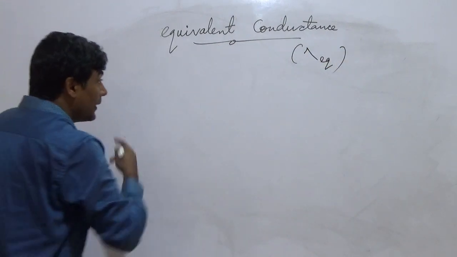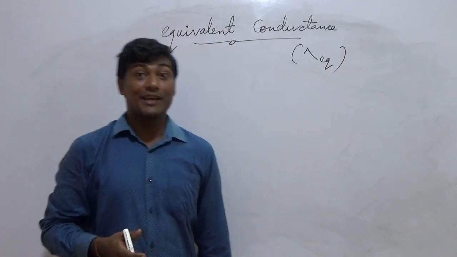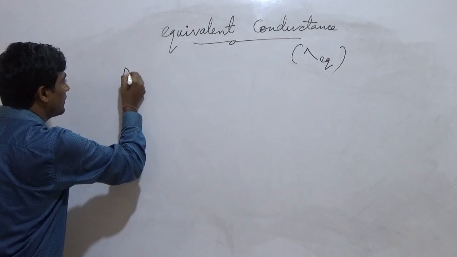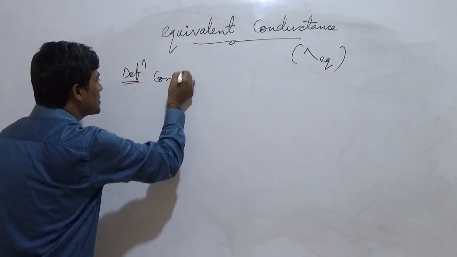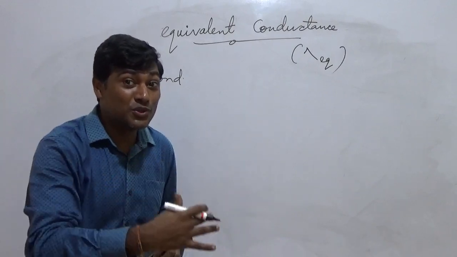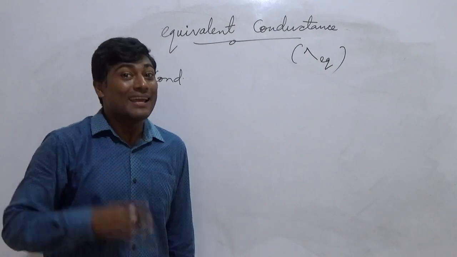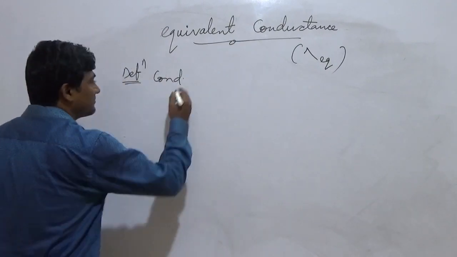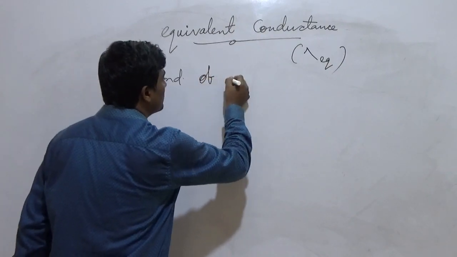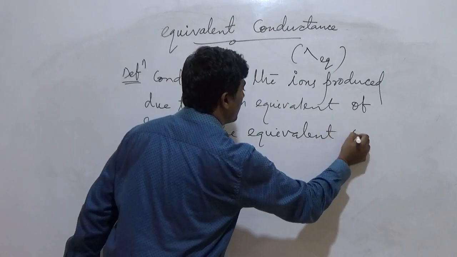Before that, let us define what equivalent conductance is. The conductance produced due to all the ions present in 1 gram equivalent of the electrolyte is the equivalent conductance.